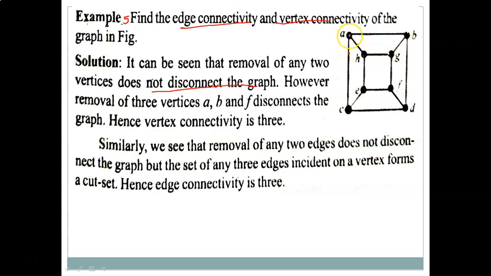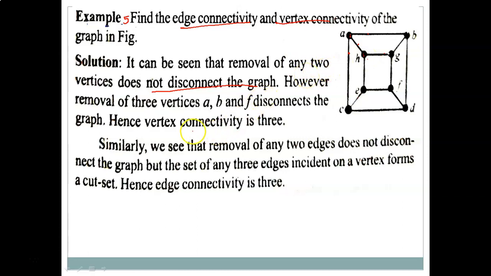So removal of A and H: if you remove A, and also remove H, the edges incident on these vertices automatically go, and in that situation this graph is still connected. So removal of one vertex, removal of two vertices, randomly you can select any two vertices, the graph will remain connected.